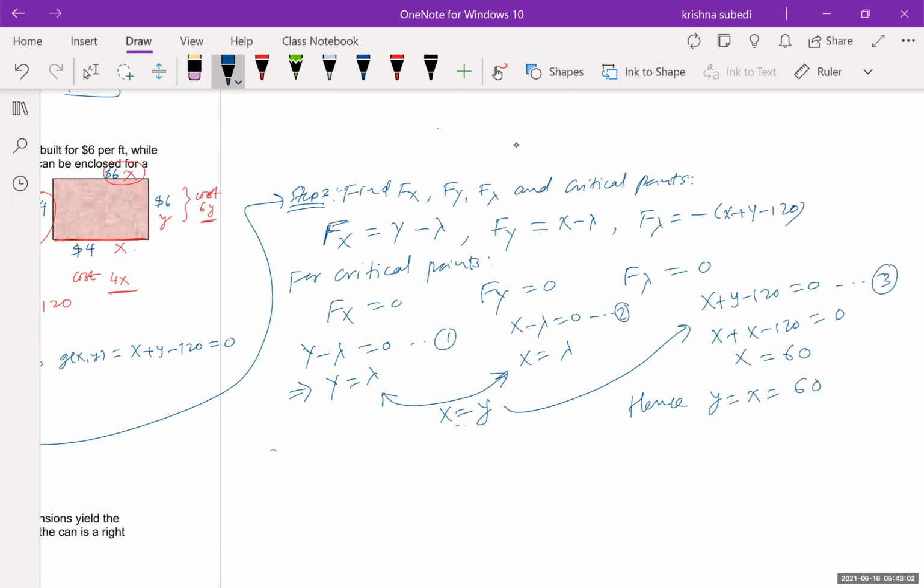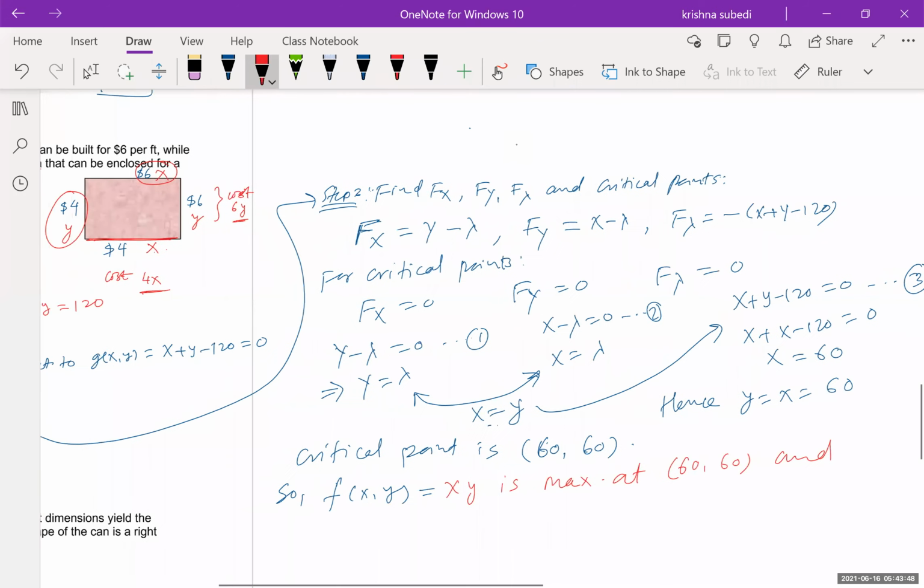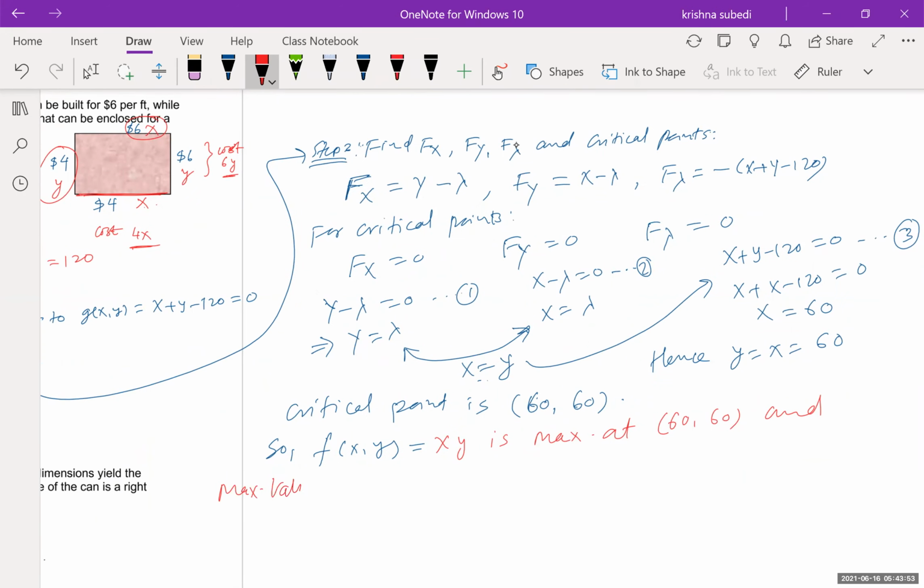So the critical point is (60, 60). Therefore f(x,y) equals xy is maximum at 60, 60, and the maximum value is f(60, 60), which is 60 times 60, and that's going to give you 3,600.